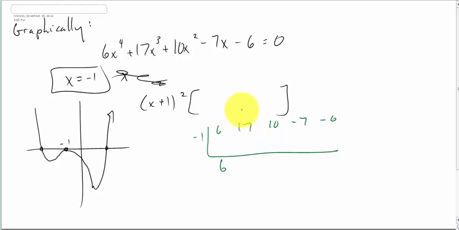So we multiply outside, add inside. Get a remainder of 0. That's good. Now we can do synthetic division yet again because -1 is a root that shows up twice. It actually has 2 roots of -1. So we repeat the process now.